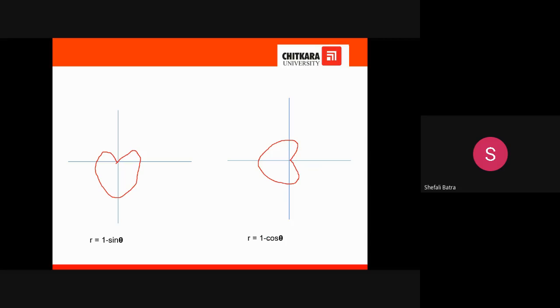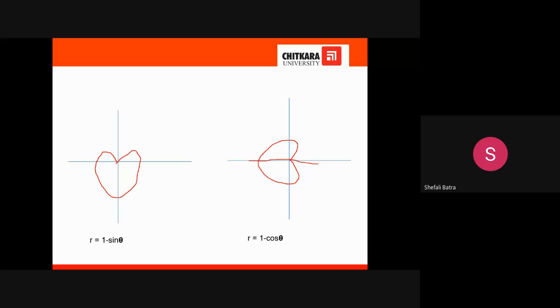And see, this is the cos. Whatever you are getting above the x-axis, the same you're getting below the x-axis. Or if you are folding it from this axis, they will be overlapping each other, right? So cos is symmetrical about x-axis, right?